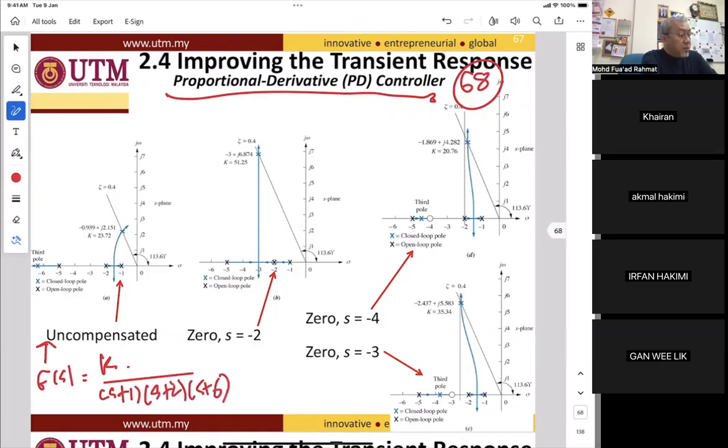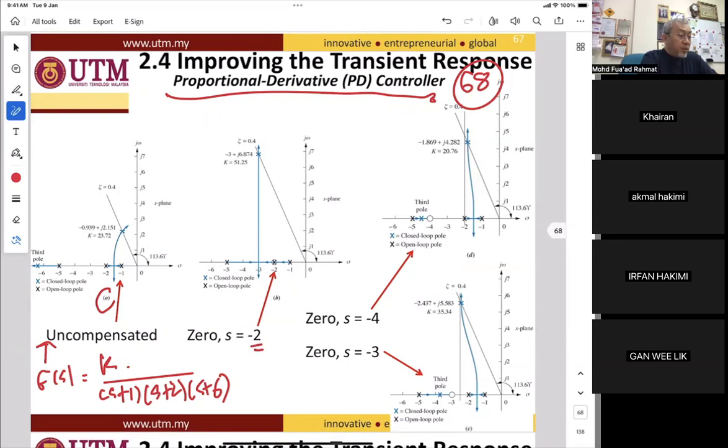Okay. So only three. S plus 5 is not there. S plus 1, S plus 2 and S plus 6 for this diagram. Uncompensated means before the PD controller design. Before controller design, then we introduce the zero, which is Kp over Kd at minus 2.